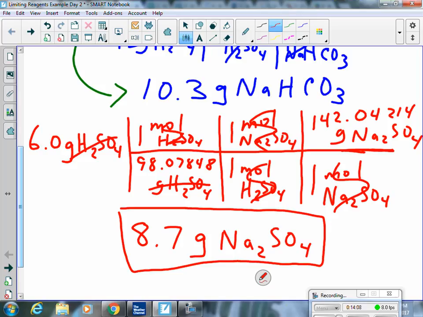So basically, all I'm doing is mass to mass, or mass to volume, or volume to volume. But before I can do that, I need to determine which of my reactants is used up first.